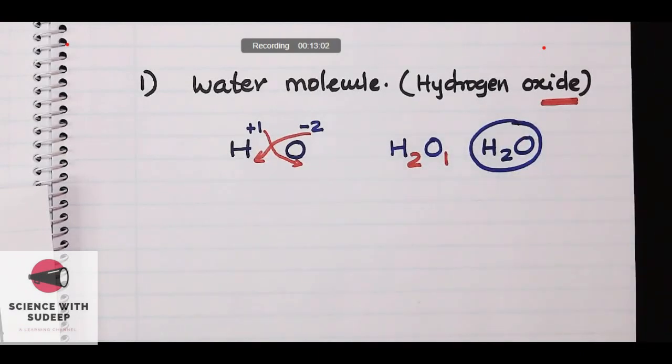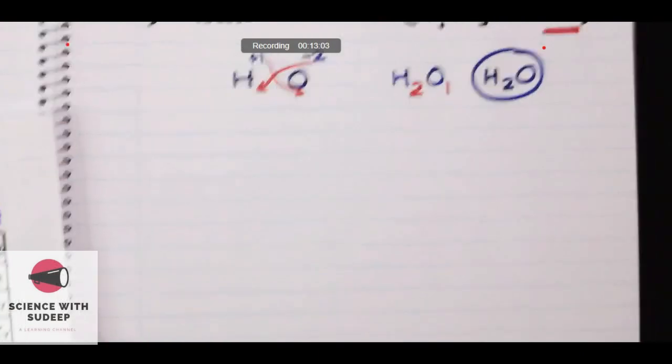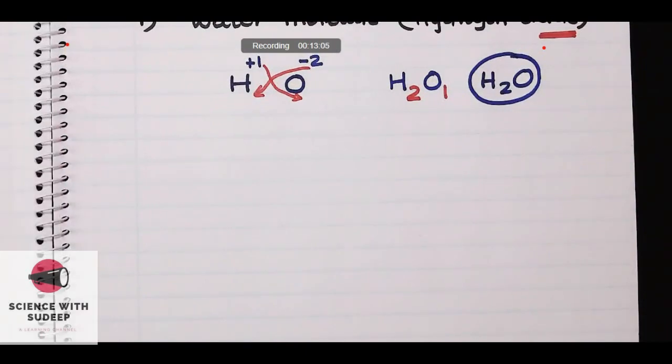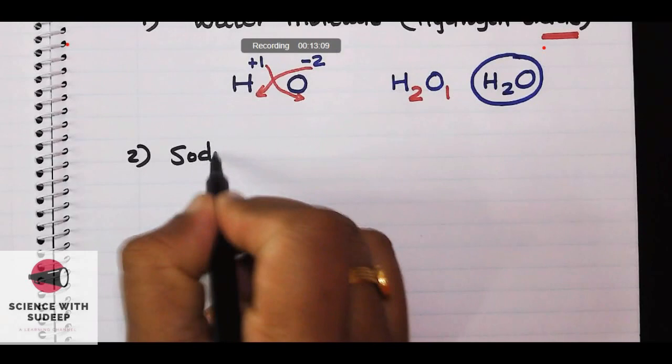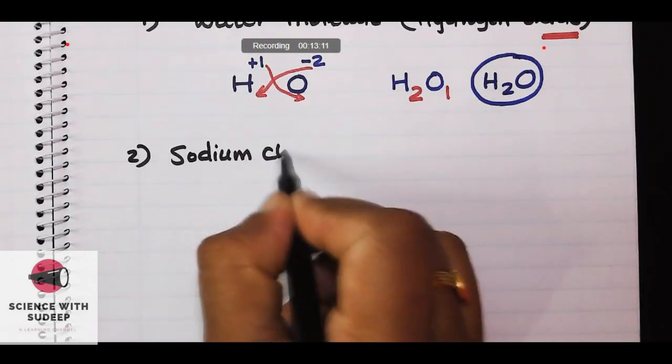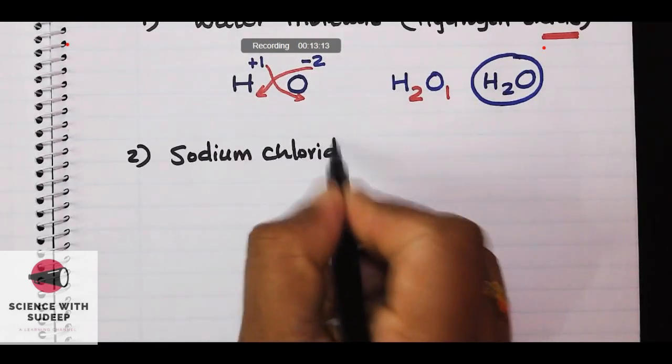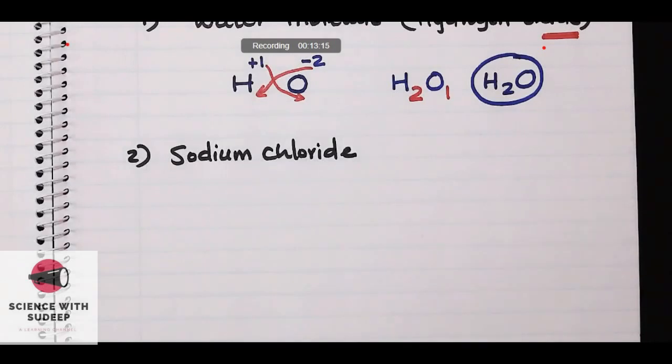That's it for water molecule. I hope you understand. Let's move on and see what happens with sodium chloride. How to write the chemical formula for sodium chloride. The name again ends with -ide, so it has two elements.